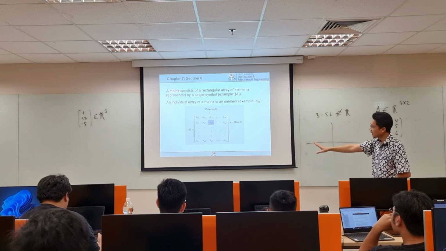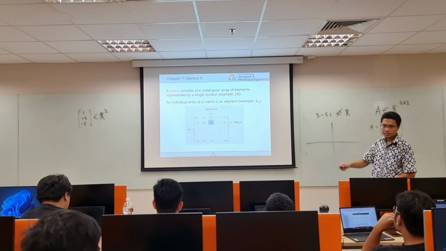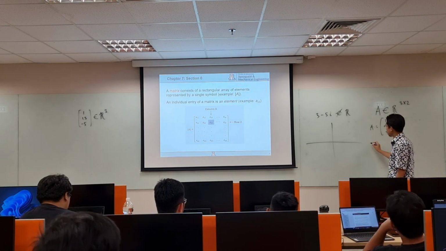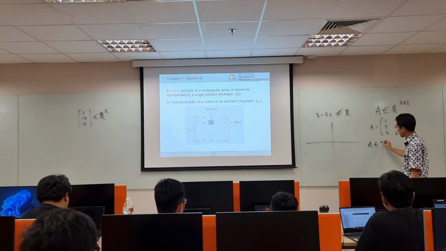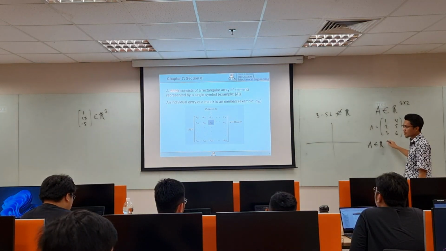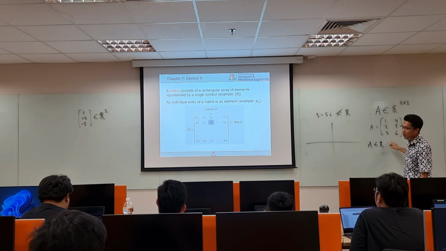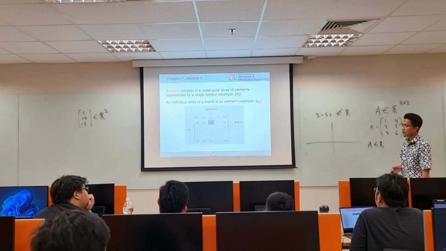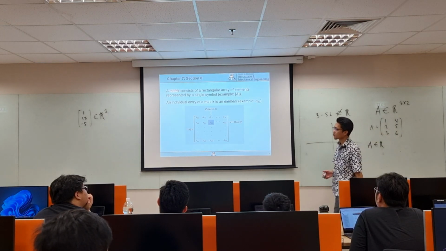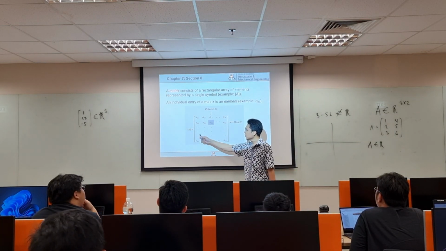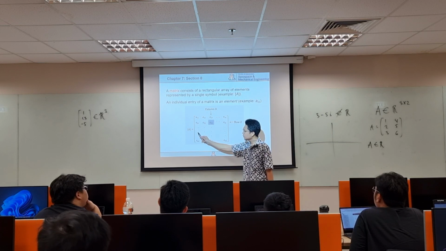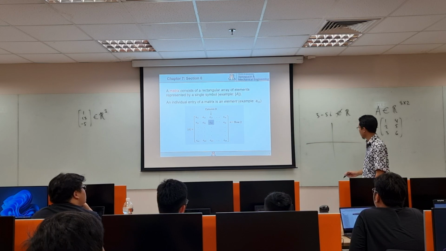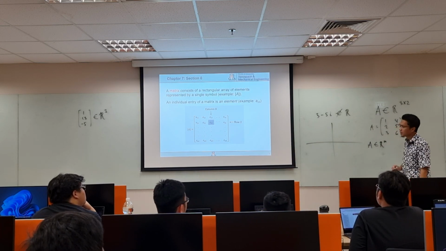So if it is like that, then let's say this is a real number, then the A matrix in that slide is a member of what? R. How many rows do we have? M rows, from 1, 2, 3, 4, 5, up to M. So it is M rows. How many columns?